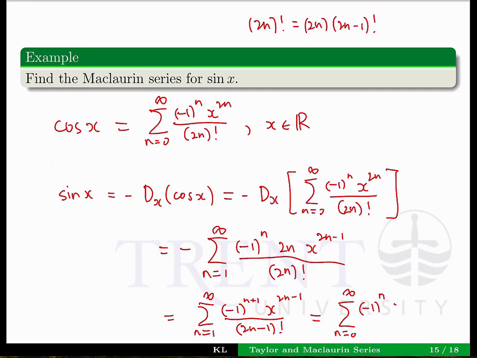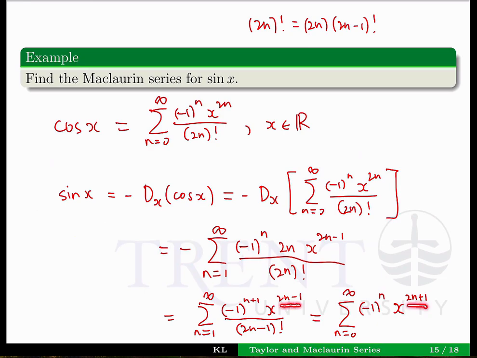On the other hand, we have 2n minus 1. When n equals 1, that 2n minus 1 will be positive 1. Now we are starting with n equals 0. Instead of writing 2n minus 1, we will write this as 2n plus 1. When n equals 0, this is 1. When n equals 1, this is 3.